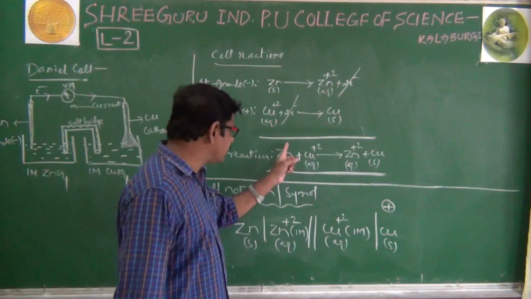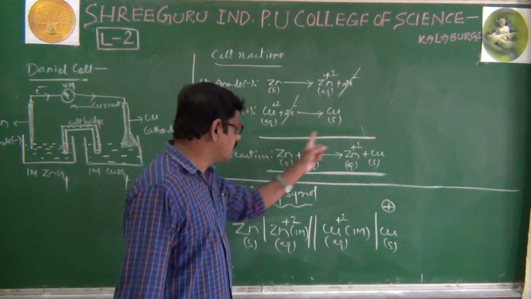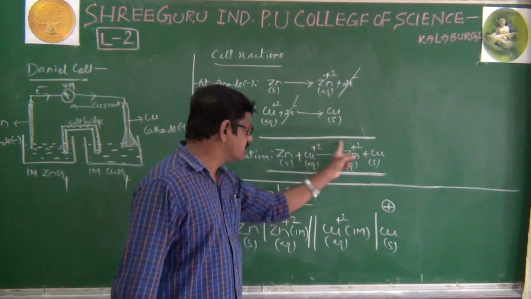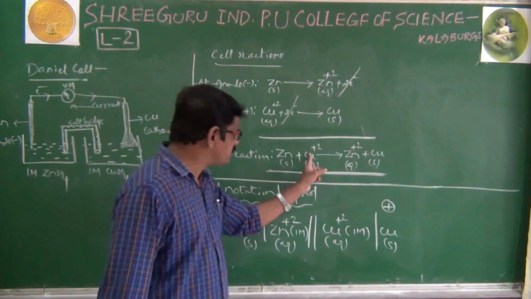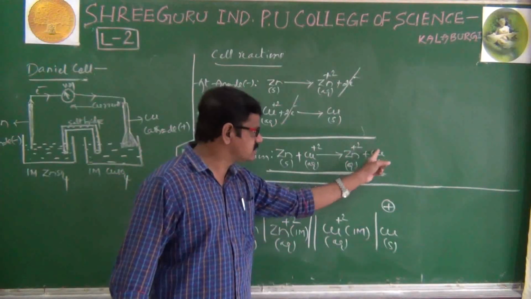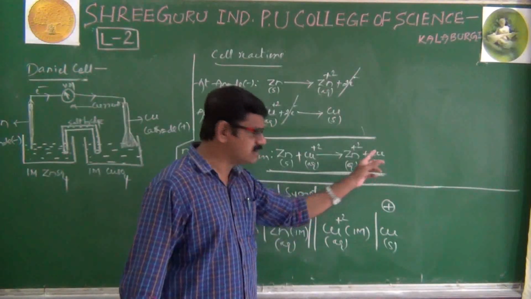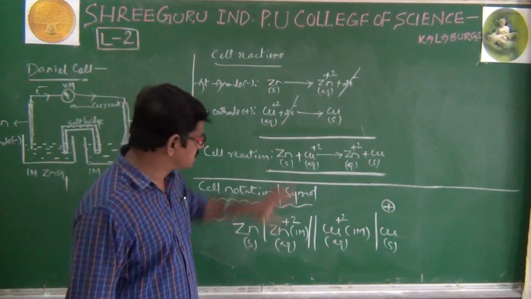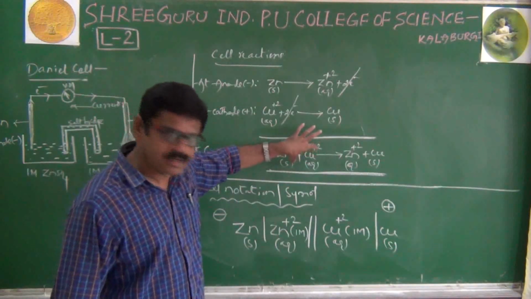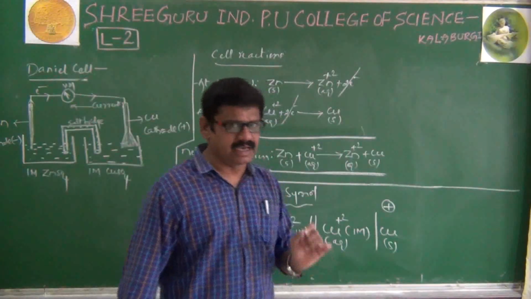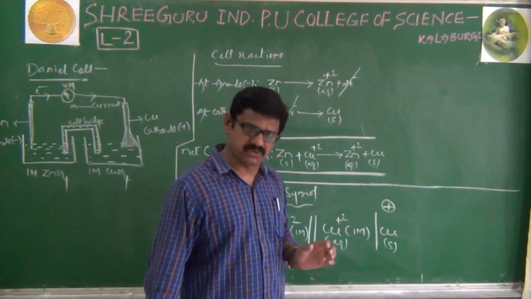Zinc in its elemental state has oxidation number 0 and converts to +2, which is oxidation, and Cu+2 converts to Cu, where the oxidation state is 0, which means Cu+2 to Cu is reduction. That's why any net cell reaction, if you observe, is nothing but a redox reaction.